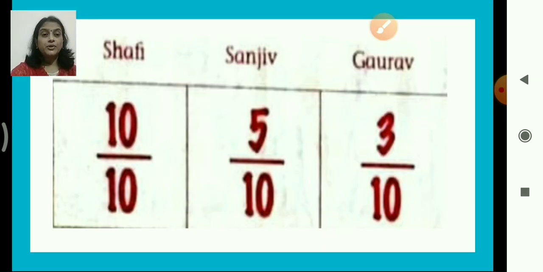Now here you can see some marks are shown, right? Shafi, Sanjeev and Gaurav. Again, these are three boys, three friends. I think they had their dictation test, so they got their marks now. Just check the marks. How much did Shafi get? 10 out of 10. Good, right?